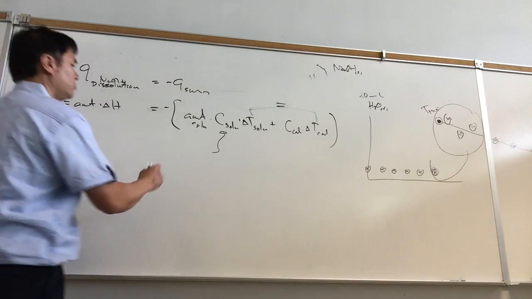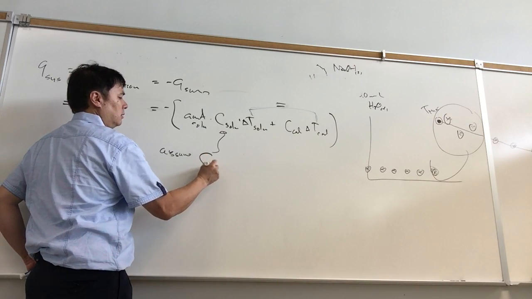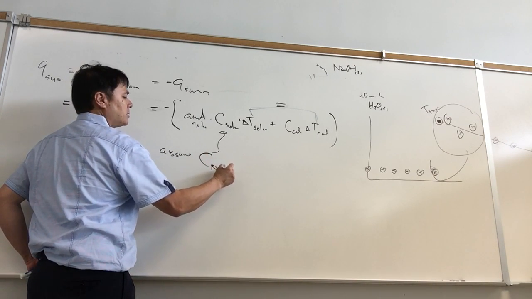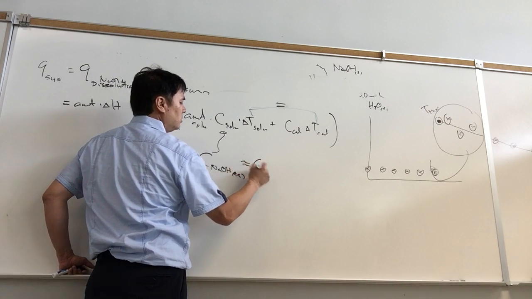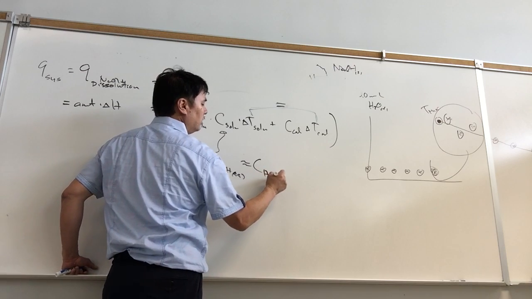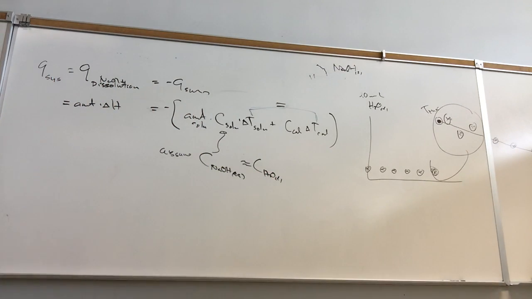So we're going to assume that the heat capacity of sodium hydroxide, AQ, is about equal to the heat capacity of H2O liquid. The heat capacity of H2O liquid, everybody should have that memorized, 4.18 joules per gram degrees C. This is a reasonable assumption. It's not going to lead to a huge error, but it is an error, nonetheless.